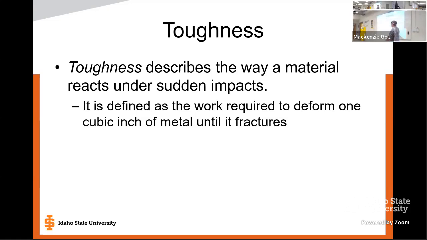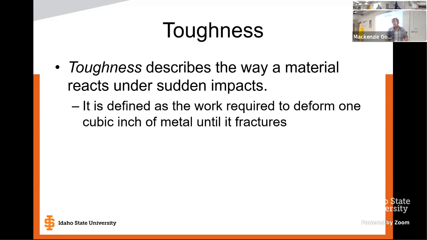And when they deform a cubic inch, that amount of work, so that energy of accelerating it, gravity fed, or sometimes they have actual pumps that accelerate it, they can calculate how much work they put into that force moving it down, and they know the toughness of the metal.